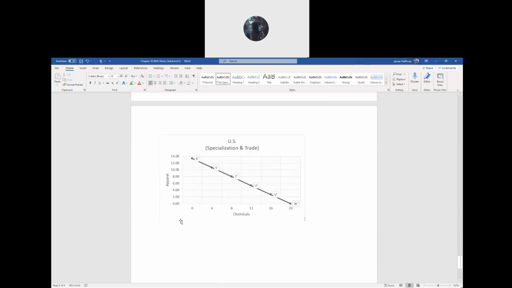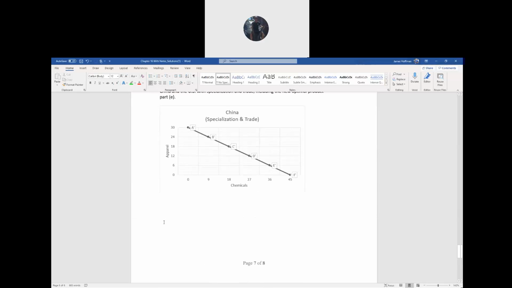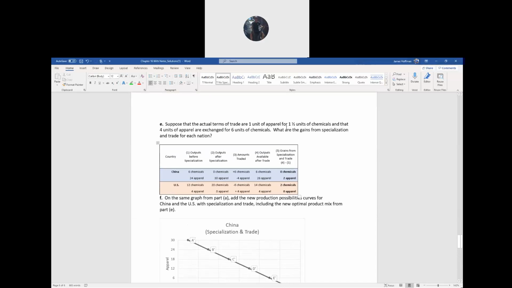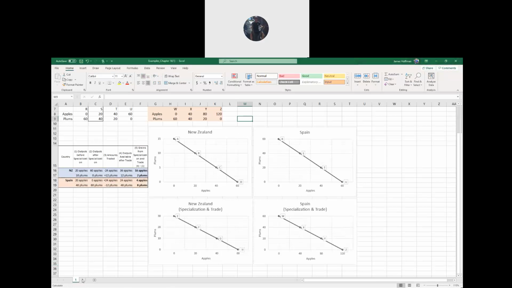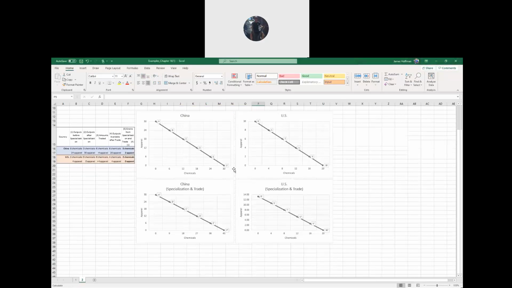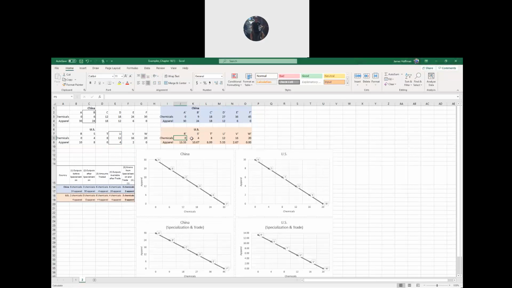Now they can trade any of those chemicals back for apparel at this exchange rate. So the math is a little bit difficult the other way, but any of those chemicals can be exchanged at essentially 0.6 apparel. If it's 1 to 1.5, then 1 divided by 1.5 is, I have it exactly here, yeah, 2/3.